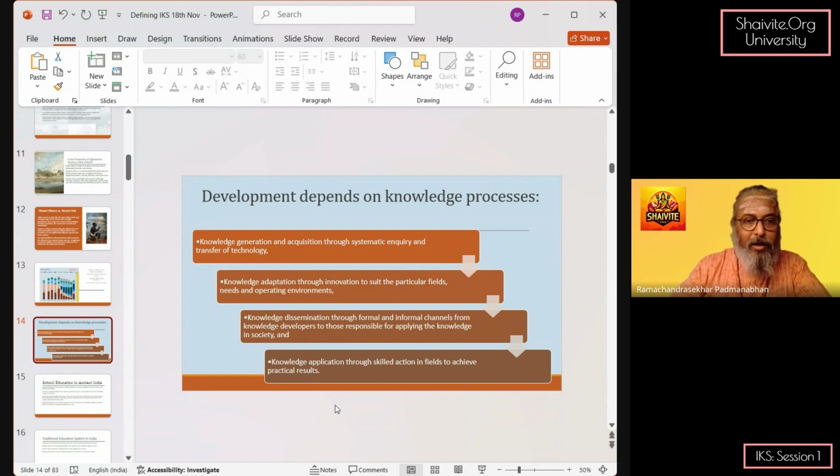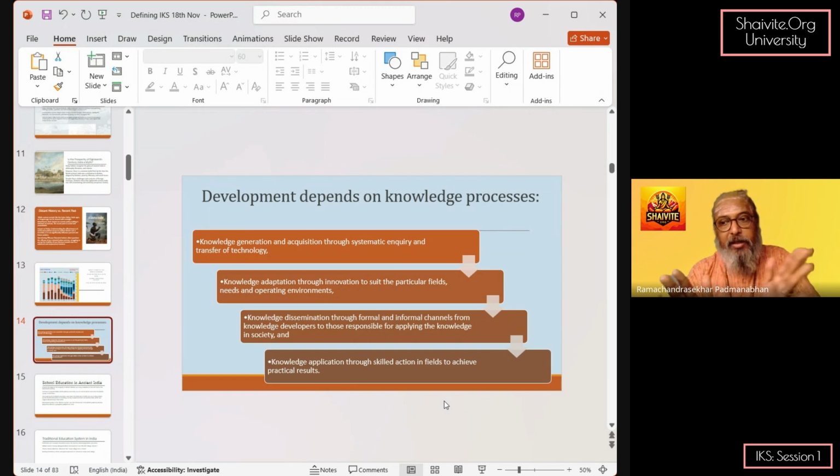So this adaptability, knowledge being adaptable to usage, is very important for the society to make progress. We find that all these four processes of knowledge were perfectly developed in India. And it is because of this systematic orientation that India was able to make substantial progress in multiple fields.